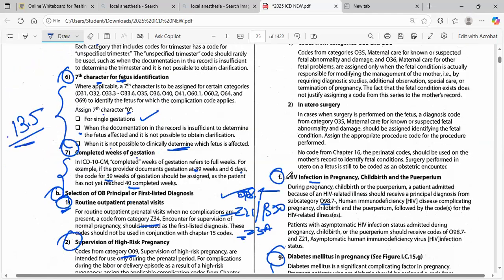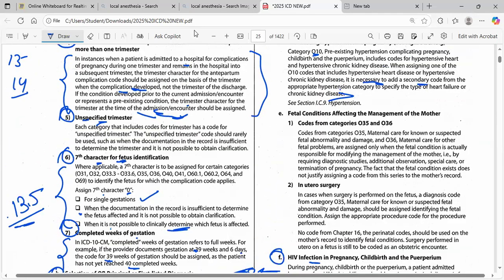Now let's get back to the guideline which we have skipped. Fetal condition affecting the management of the mother. If the patient, the mother, does not have any issues but the fetus does, and the doctor needs to treat the fetus through the mother, through in vitro procedures or through medicines.